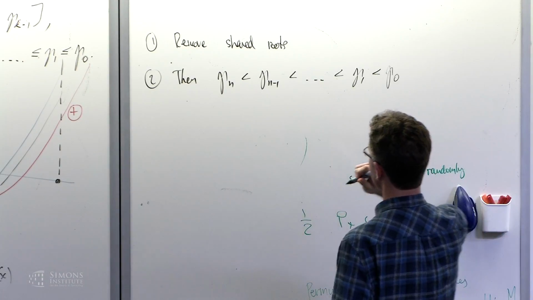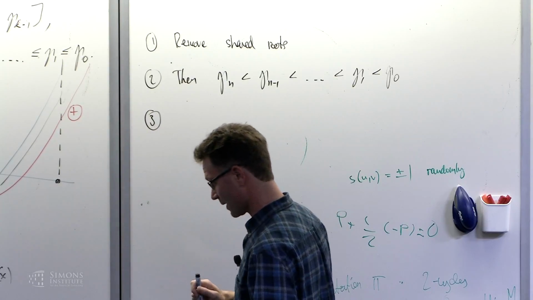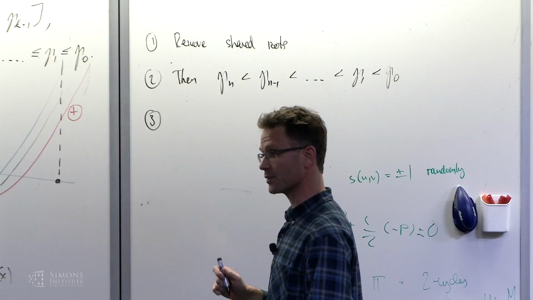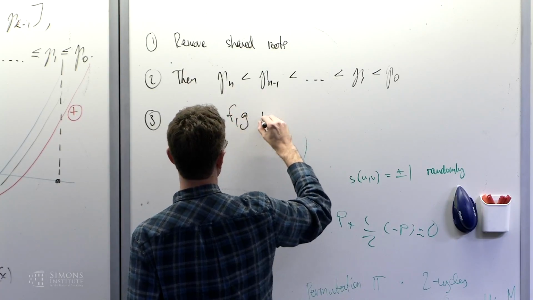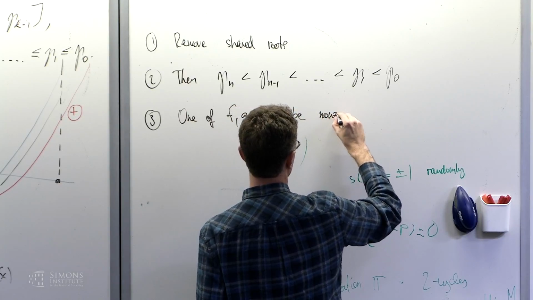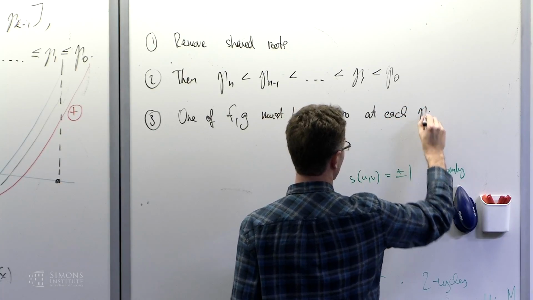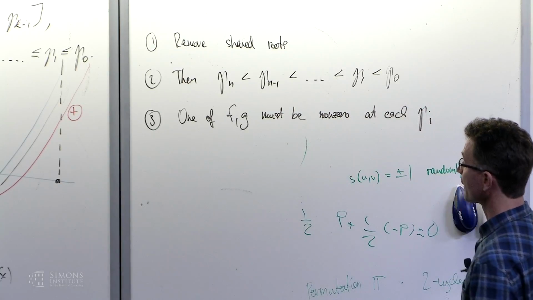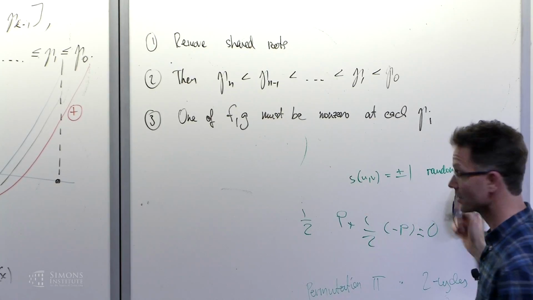That's good. And then your next claim was that it's not possible that both f and g are 0 at a gamma i. One of f and g must be nonzero at gamma i, because otherwise it would be a shared root, right?